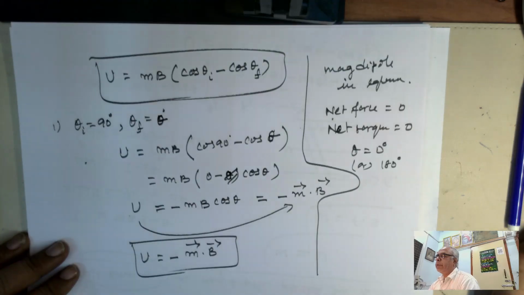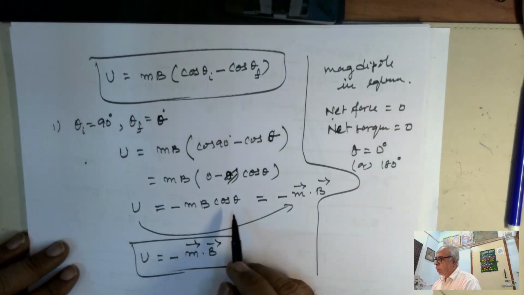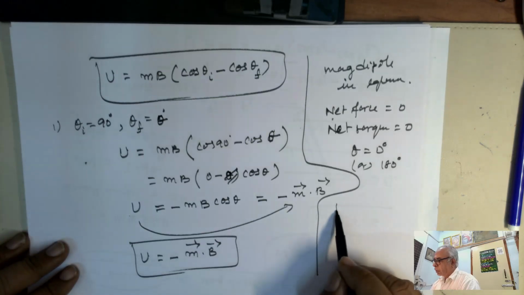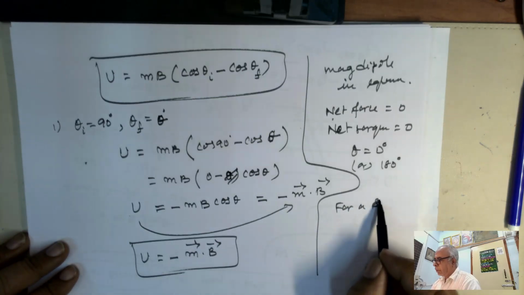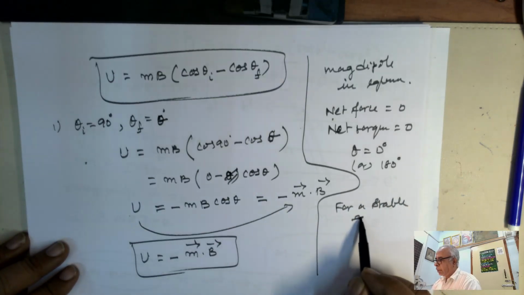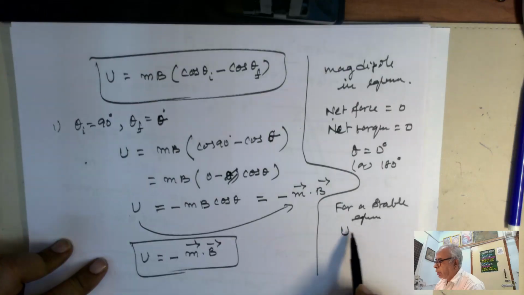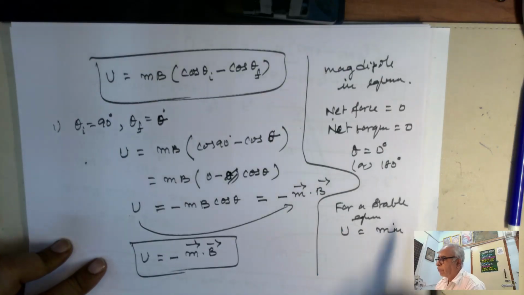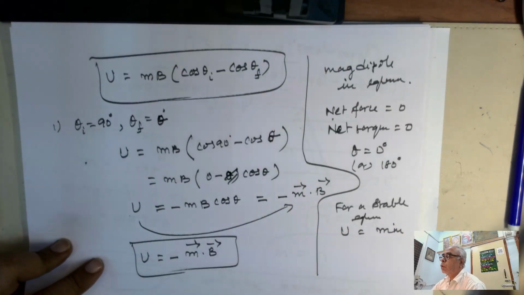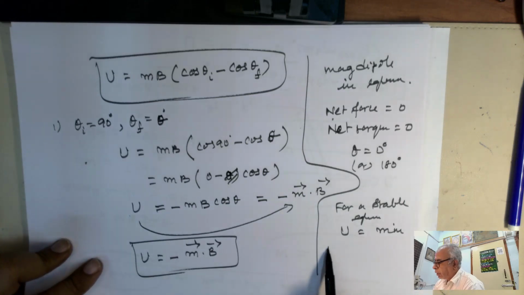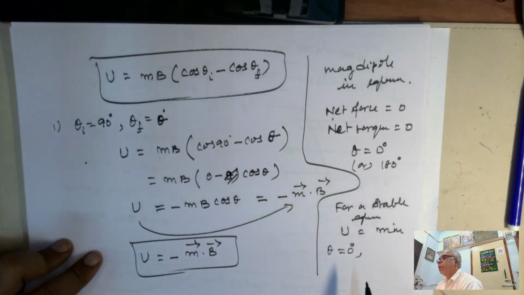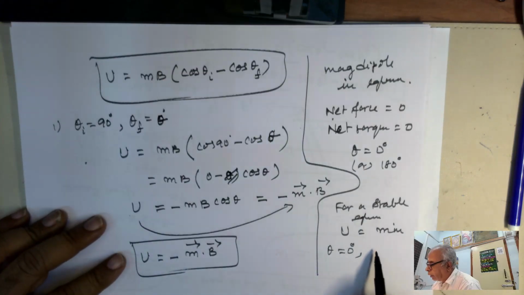For a stable equilibrium, the potential energy should be minimum. Are you able to follow? So for a stable equilibrium, potential energy is minimum. When theta is equal to 0 degrees, the dipole moment should be parallel to the magnetic field.